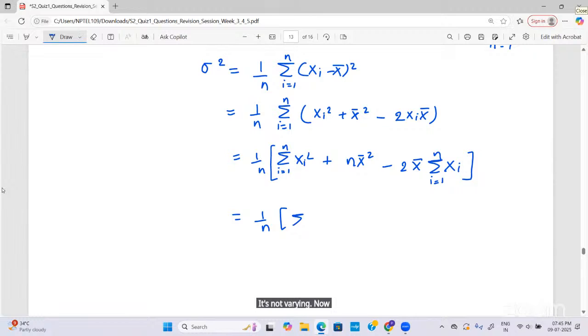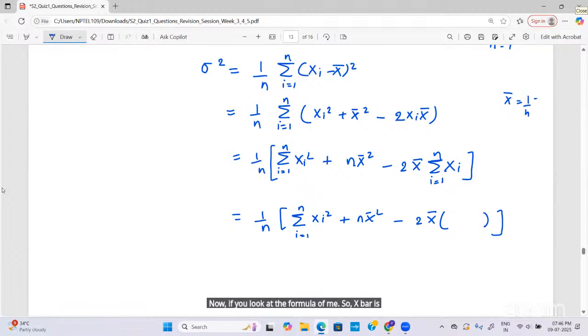Now, this is xi square plus n x bar square minus 2 x bar times the summation of xi. If you look at the formula of mean, x bar is 1 upon n summation of xi, right? From here, we can put the value of summation of xi, so it will be n times x bar.